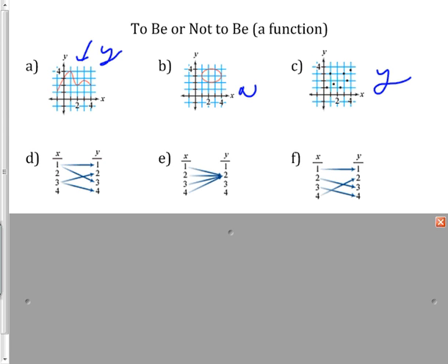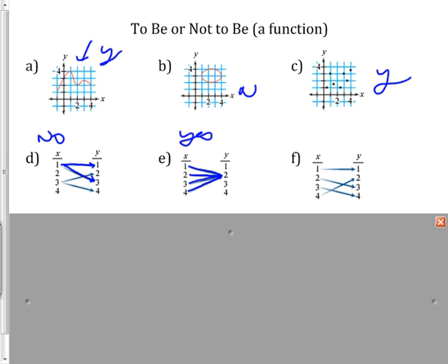How about this guy? Notice how it's pointing to two different things. No. How about that one? Yes. Even though it's weird, it's not like they put in the same input and got two different answers. They only got one answer for one, one answer for two, one answer for three, one answer for four, and that's okay.